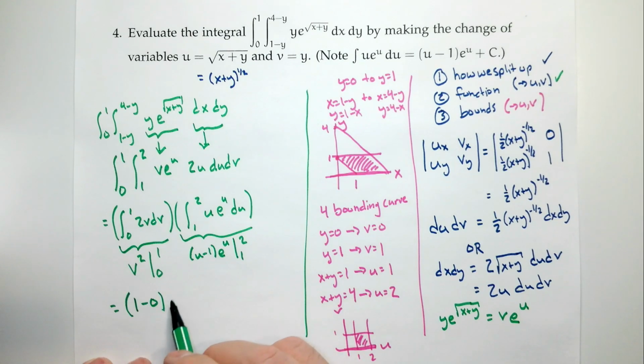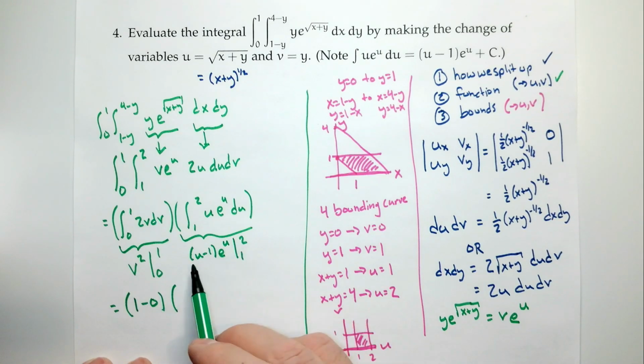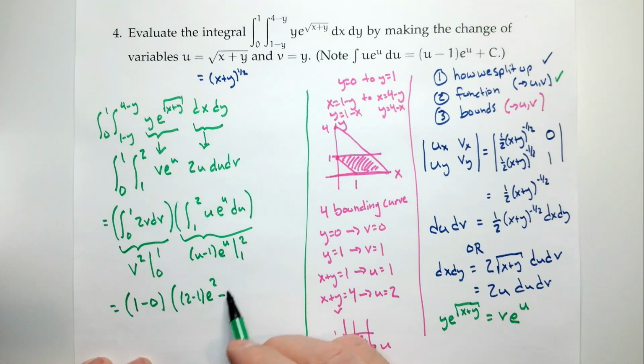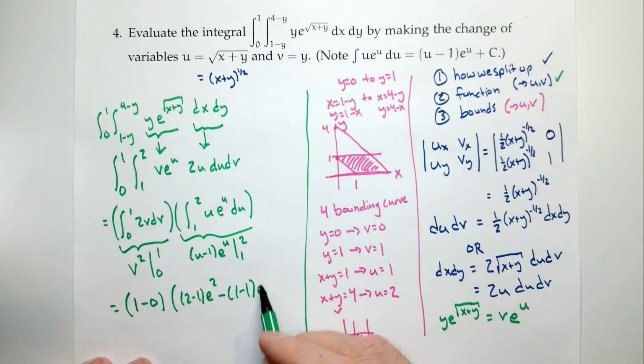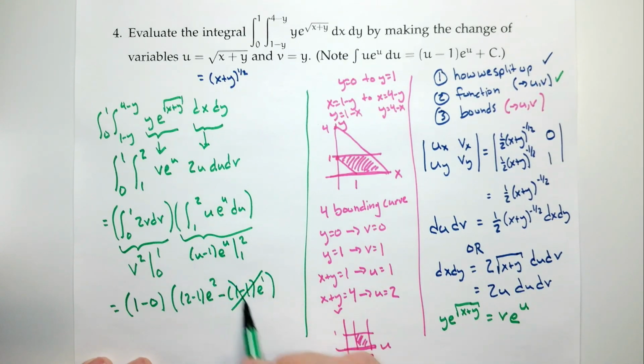So that's just 1 times, when we plug in 2, 2 minus 1 is 1, so 1 times e squared, minus (1 minus 1) e to the 1. Well, that's just 0. So we get 1 times e squared, giving us our final answer of e squared. And that's it. We're done.